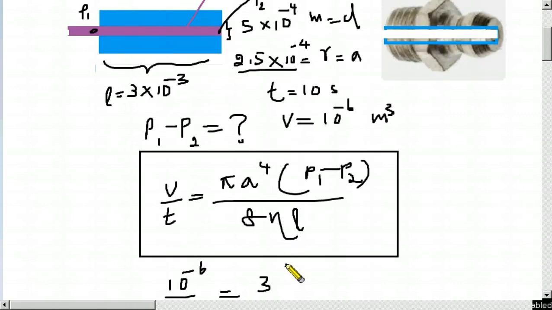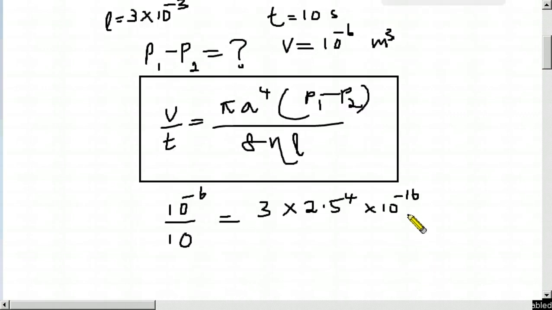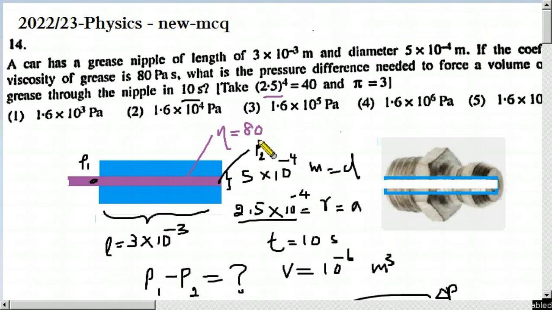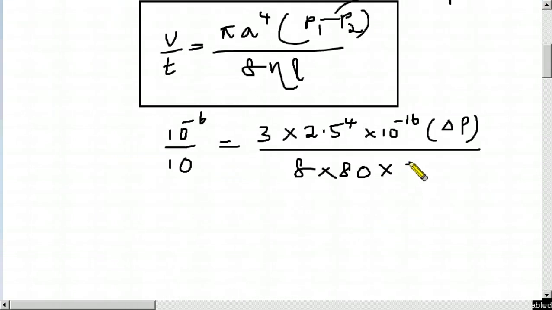So what is the radius? 2.5 power 4, then 10 power minus 4 also, we have to take the power 4 of that also, so 10 power minus 16. Then let us write delta P for convenience. Delta P divided by 8 times eta given as 80, L given as 3 times 10 power minus 3.